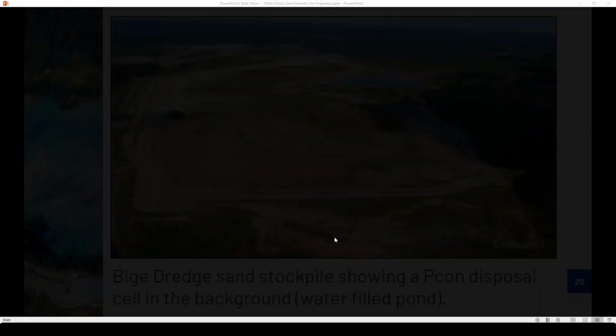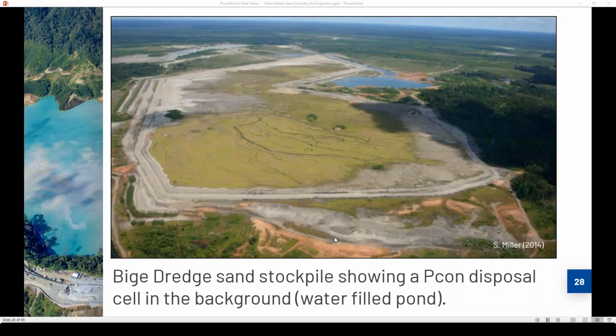mine waste. So here is an example from one of the mine sites KCB has been working on for more than 3 decades. This is out in PNG, where we're looking at the Bigay stockpiles with a pyrite concentrate disposal cell in the background. That water-filled pond that you see at the top right of the figure is a specifically designed storage cell.